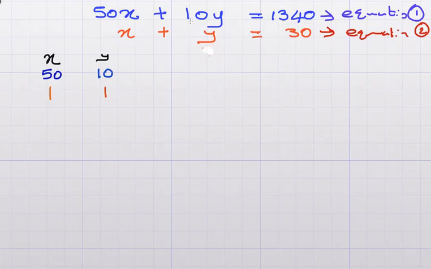Yes, you can change. When I say you can change, what I mean is you don't change the meaning. It's the same meaning, but you write it using another set of numbers. How can that be done? That can be done by multiplying or dividing an equation by a particular number.